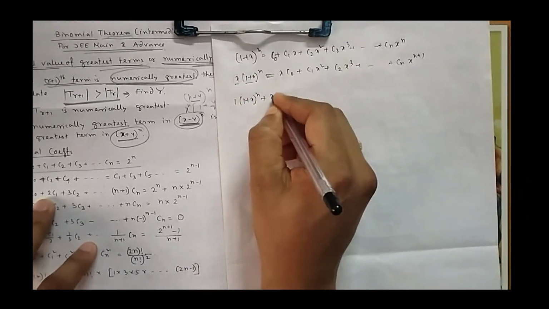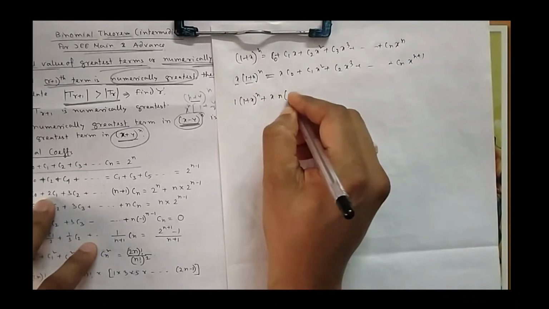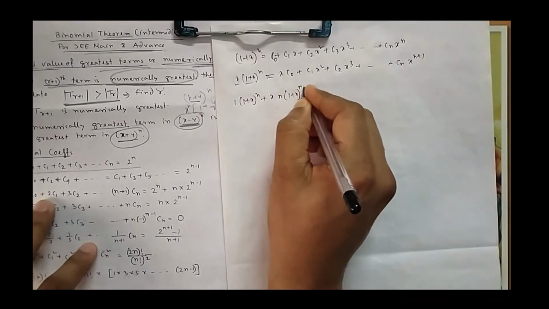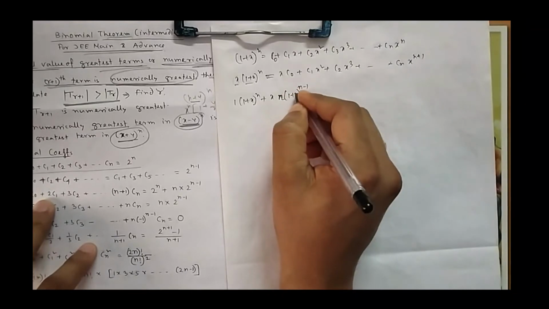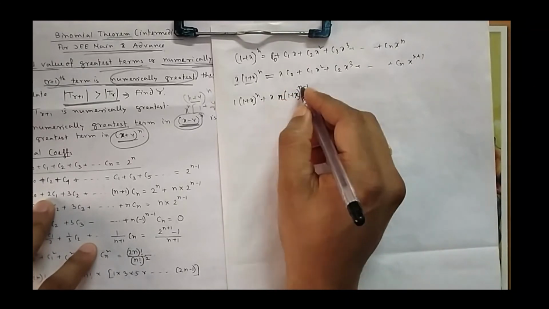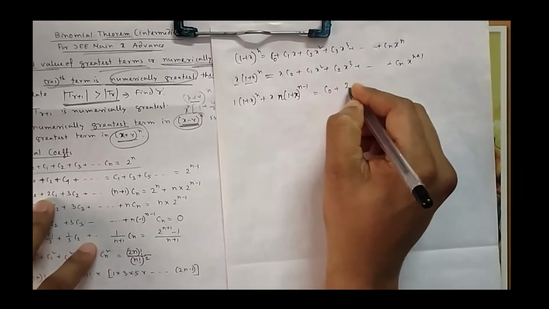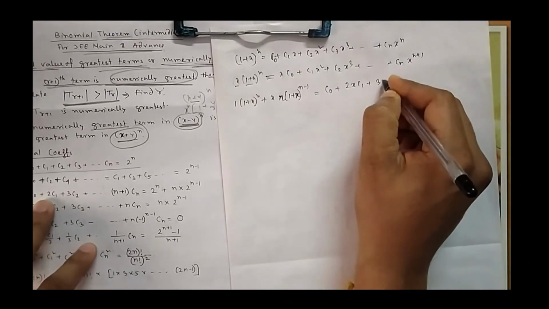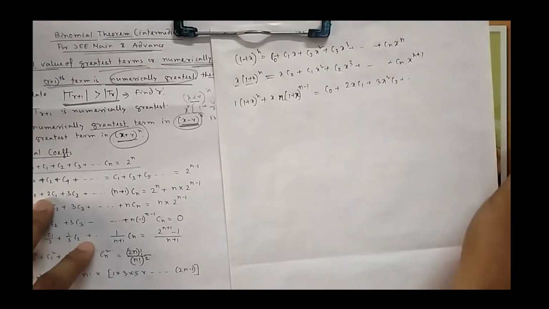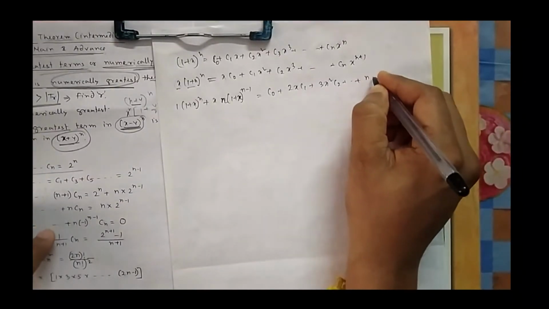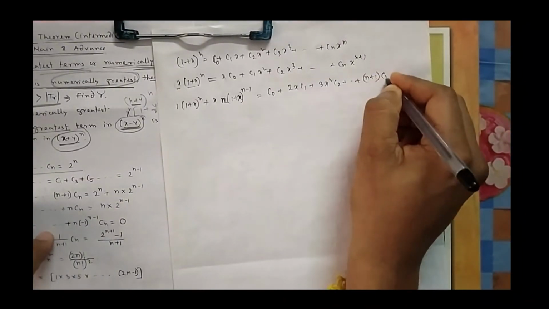Then you keep x constant and you differentiate this one. This is n, so don't get confused between my x and n. n x to the power n minus 1 is the differentiation formula. x is always 1, x square is 2x, x cube is 3x square, and n plus 1 Cn x to the power n.